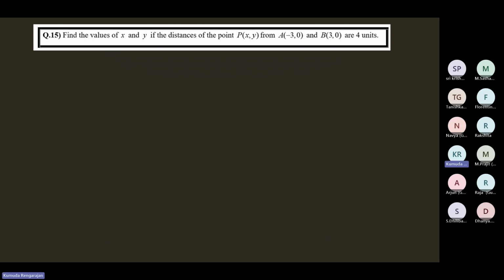Now find the values of x and y if the distances of the point P from A and B are 4 units.